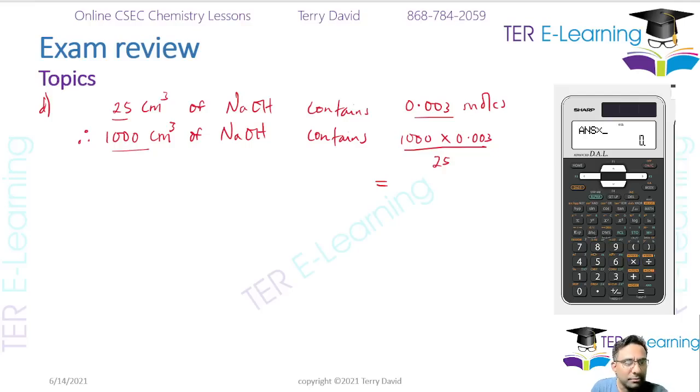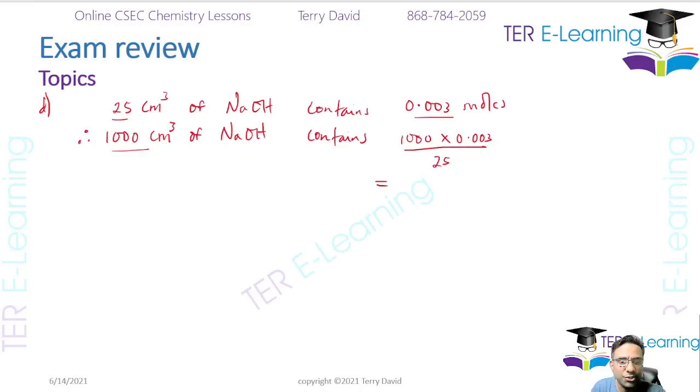Multiplying this by 1,000, you get this, and then you divide by 25, and what you're getting as a concentration is 0.12. So this here is 0.12 moles.